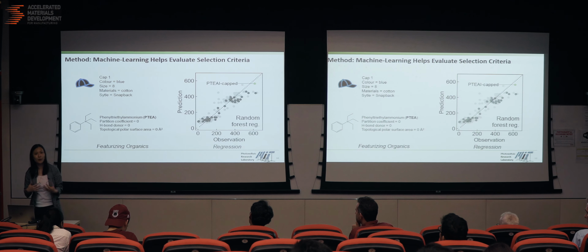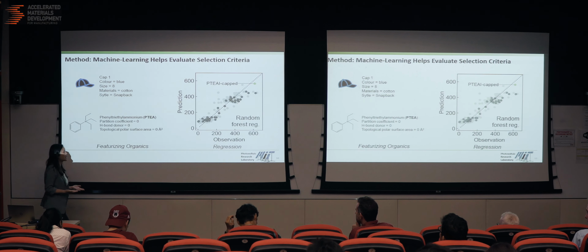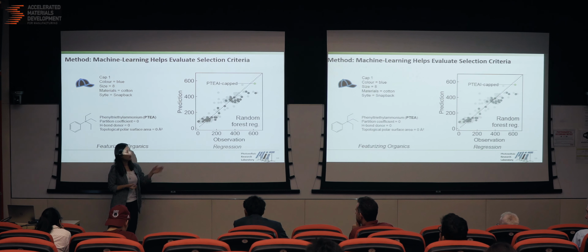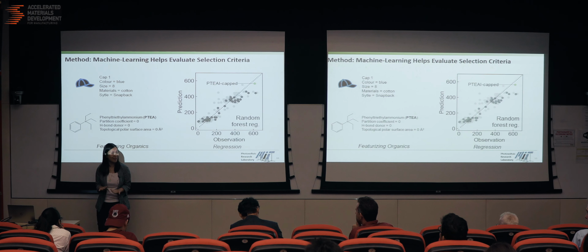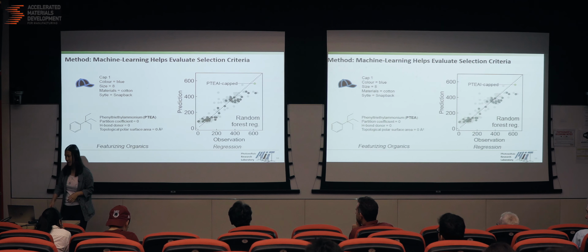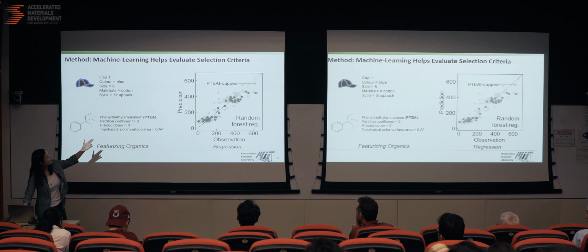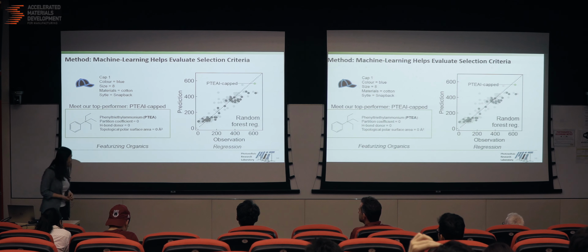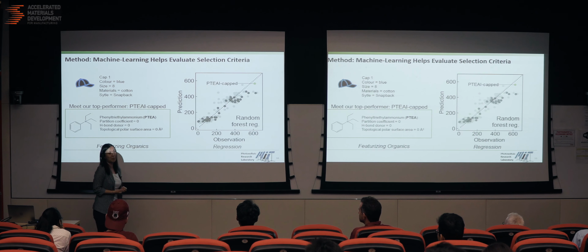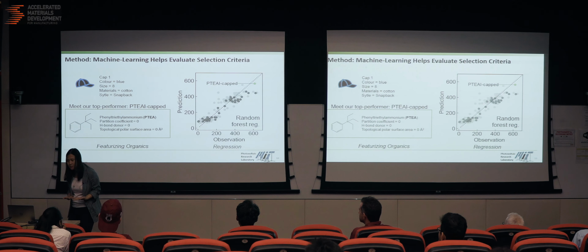Then you take the input of all these features from your organic database, and you regress them to the performance optimization. As a result, you can see there's a highlight, which is PTEAI. So meet our top performer, the PTEAI capping material, which actually gives us the top performance.